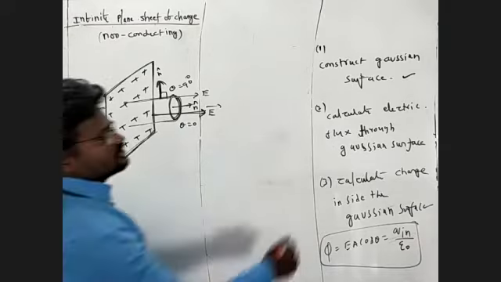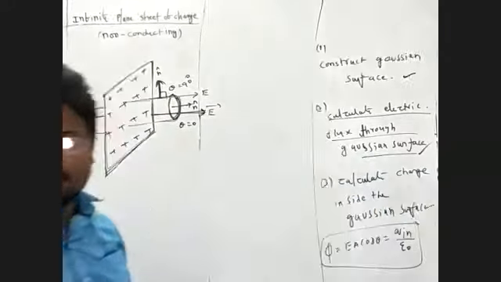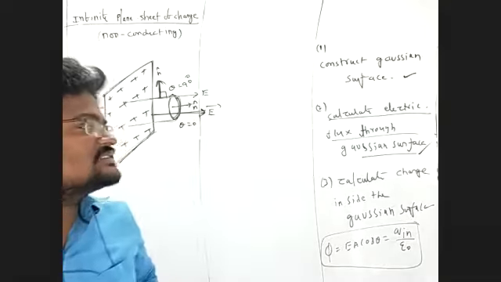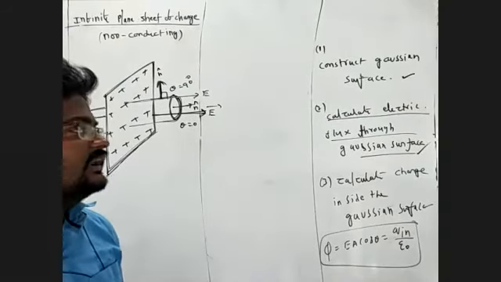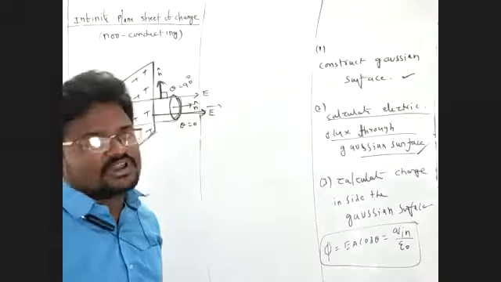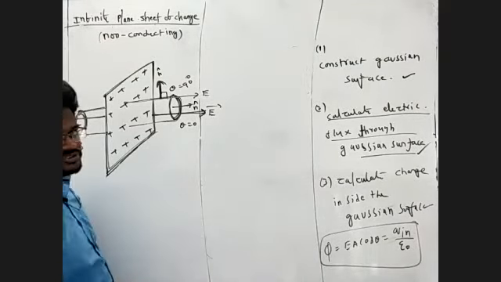Now next, calculate the electric flux through the Gaussian surface. What is the meaning of electric flux? The total flux passing through a given area is called electric flux, the number of field lines passing through the Gaussian surface.